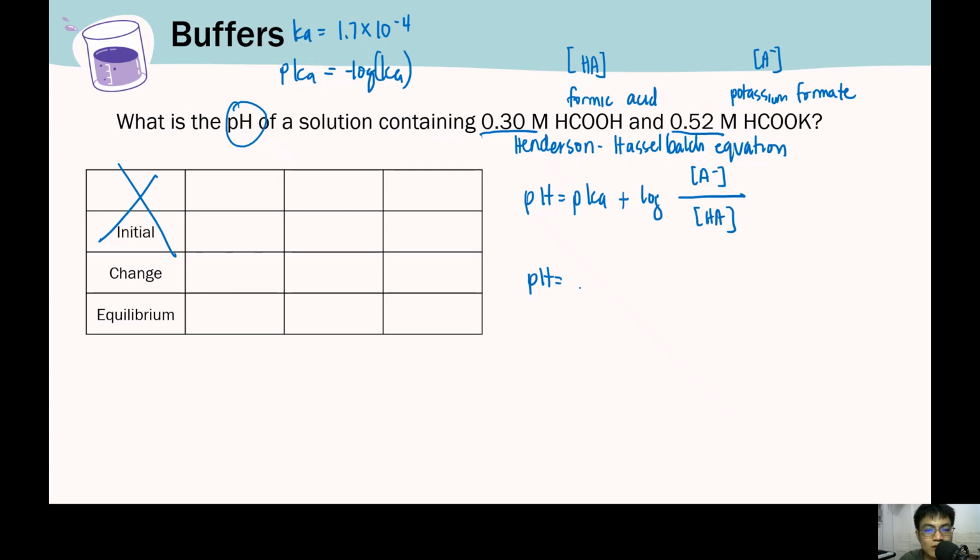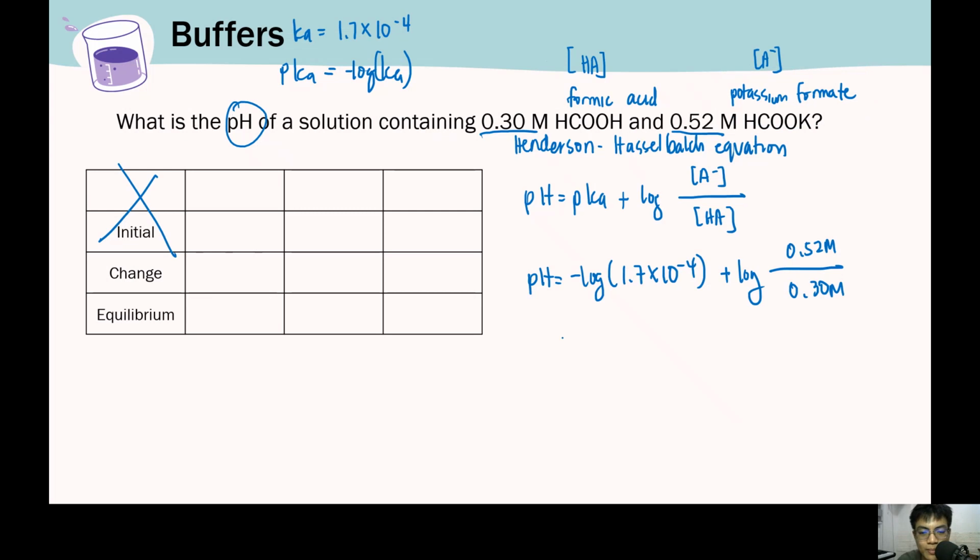So pH equals the negative log of your Ka, which is 1.7 times 10 raised to negative 4, plus the logarithm of the concentration of the conjugate base and the acid. Okay, so that's all. Very simple. Just divide the concentration of the conjugate base in salt form by the acid.